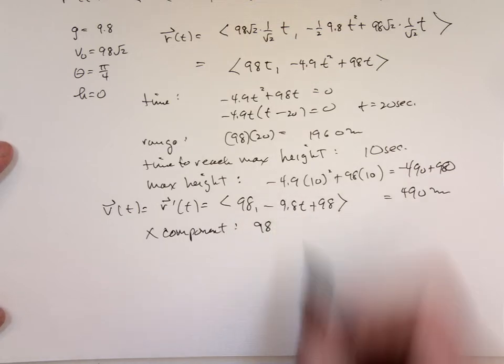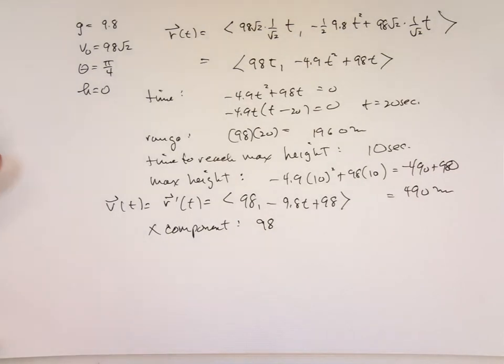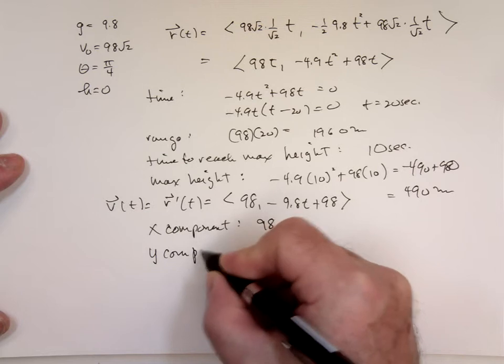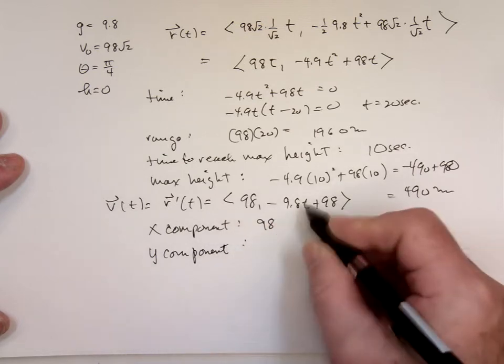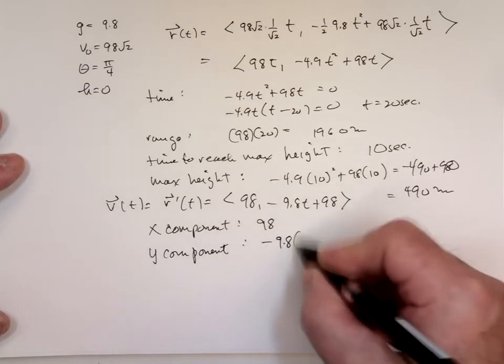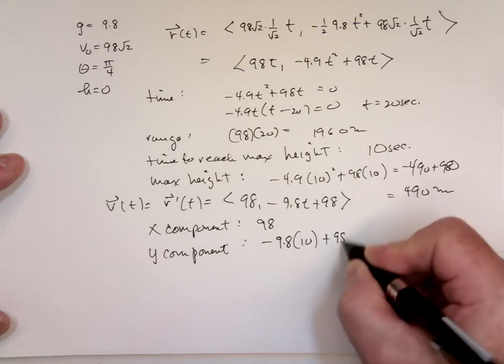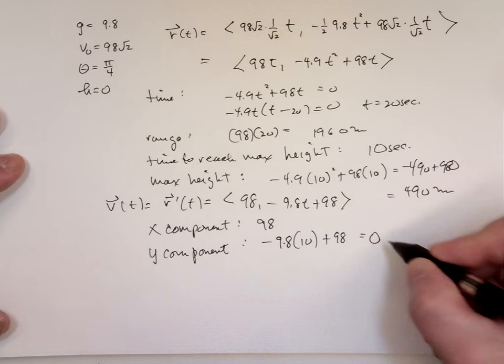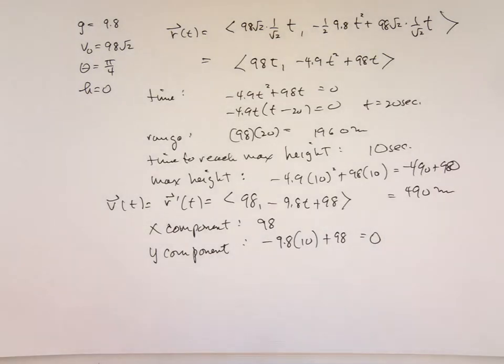The x component of velocity is always 98. That doesn't change. The y component, which does change, is a negative 9.8 times the 10 plus 98. That's equal to a negative 98 plus a positive 98 is 0. And that's what you would expect at max height. The y component of velocity is 0.